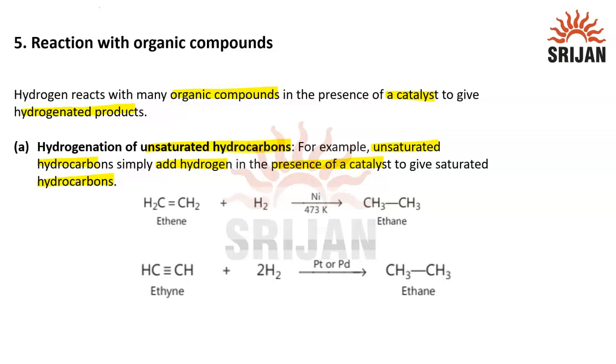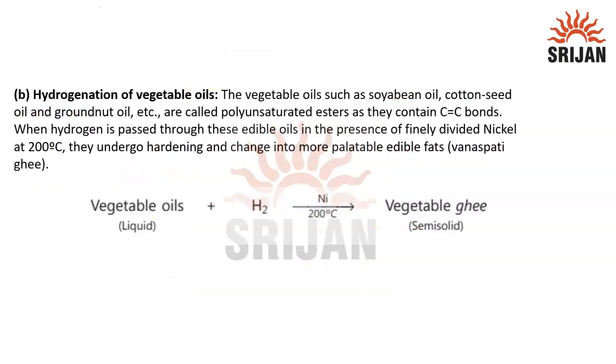Saturated is simply the hydrocarbon which contains only carbon single bond carbon. Here, ethene on reacting with hydrogen in presence of nickel at 473 Kelvin will produce ethane. Ethyne also on reacting with hydrogen in presence of platinum or palladium will produce ethane. These reactions are called hydrogenation reactions.